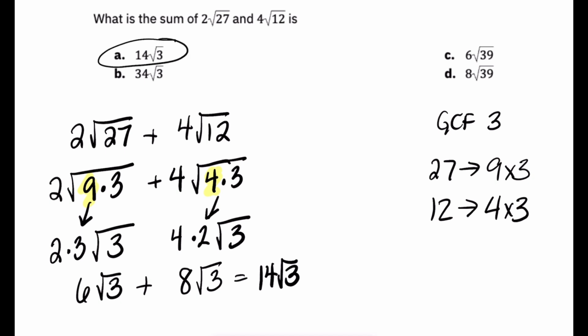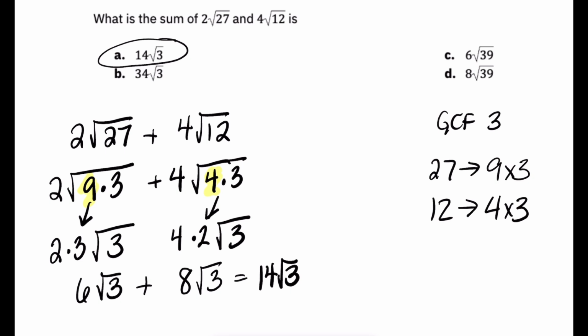Alright, so you're going to go through the same process today in your work. We can add or subtract radicals when we're able to factor them and find a greatest common factor that is paired with a square number. If they have a GCF but the other pair isn't a square number, I can't simplify it in the same way that we did here.